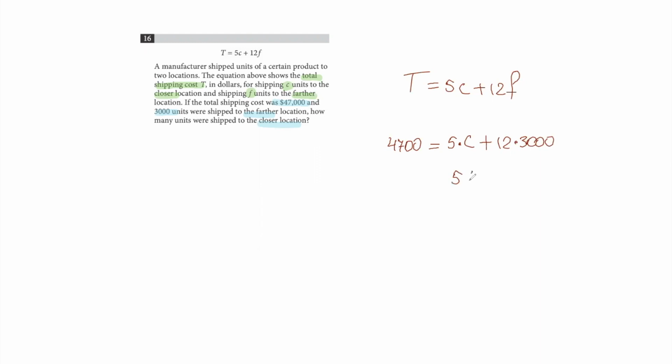Oh, I'm sorry, this is 47,000. 47,000 minus this 36,000. 5C is equal to 11,000. And C is equal to 11,000 over 5, 2,200.